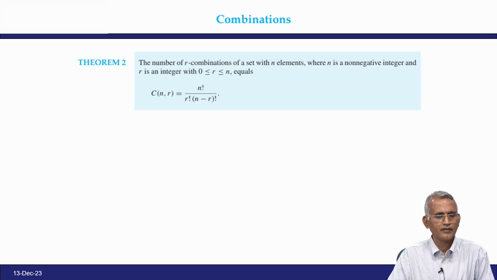We will discuss Theorem 2: the number of r-combinations of a set with n elements, where n is a non-negative integer and r is an integer with 0 less than or equal to r less than or equal to n, equals nCr equal to n factorial by r factorial into n minus r factorial.